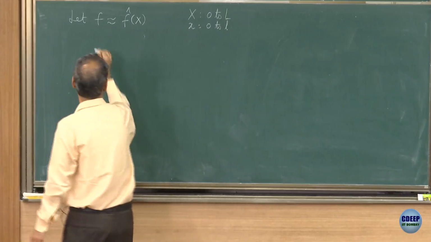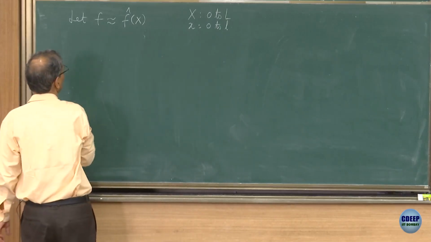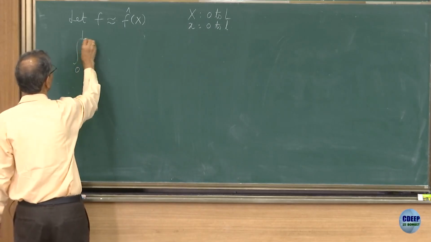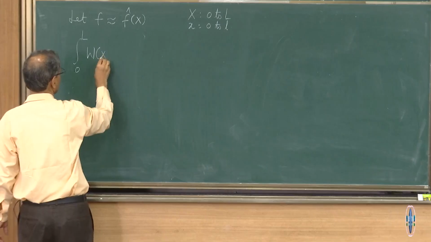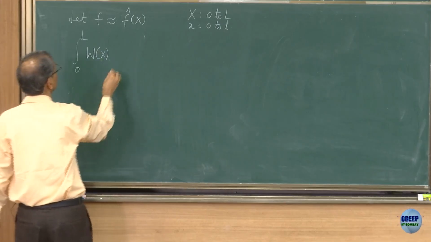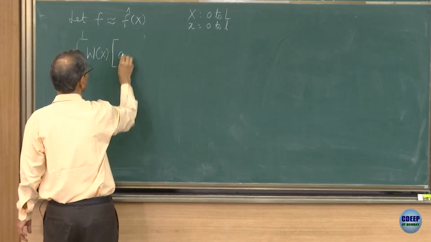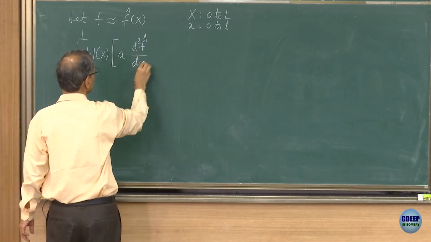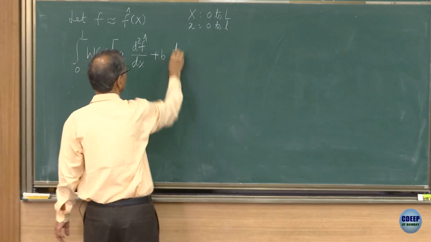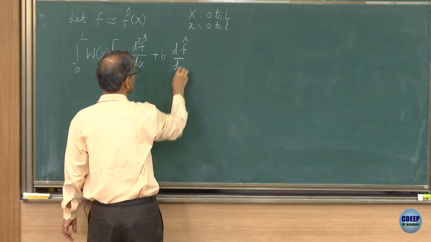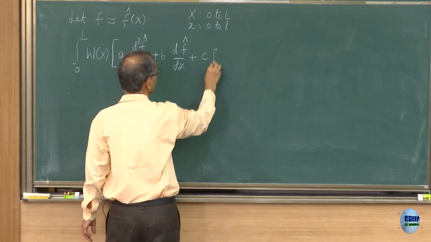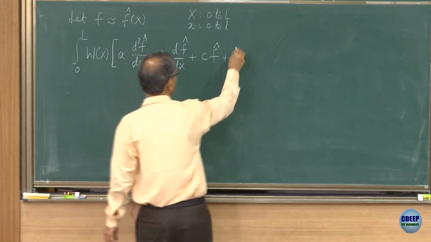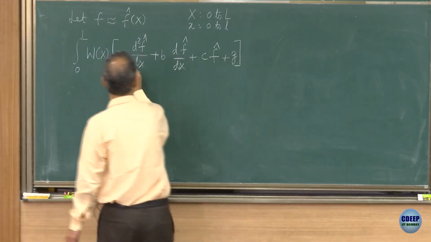Okay. So let f is f hat of x. I am going to put integral 0 to L w of x into a d squared f hat by dx squared plus b df hat by dx plus c f hat plus g. This is the domain residual.